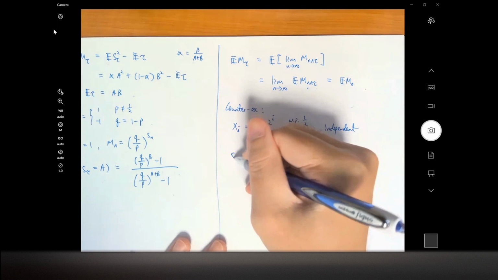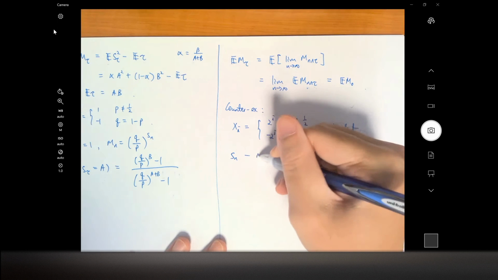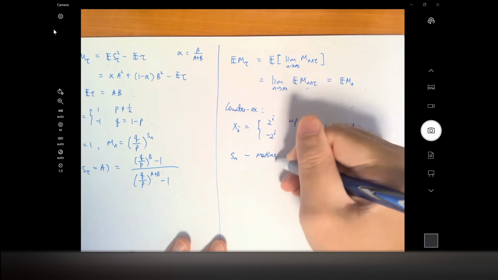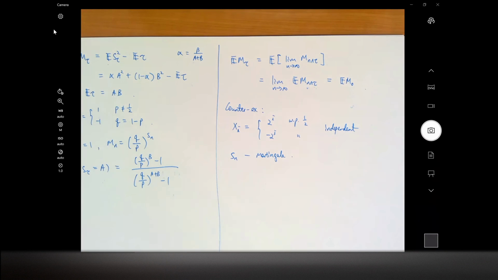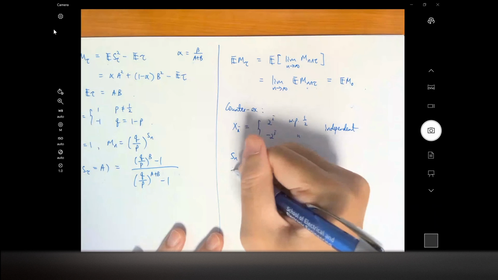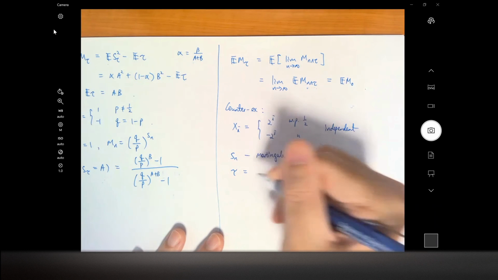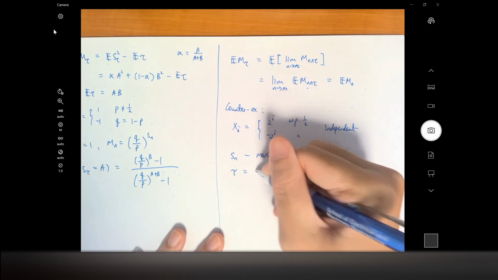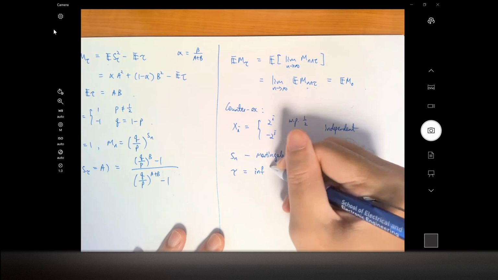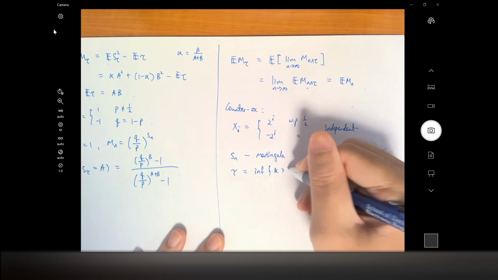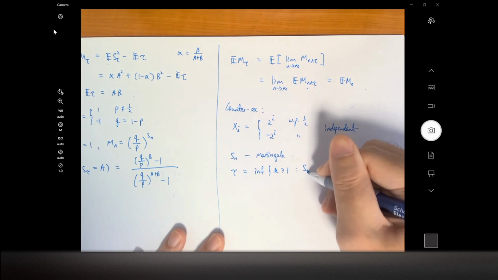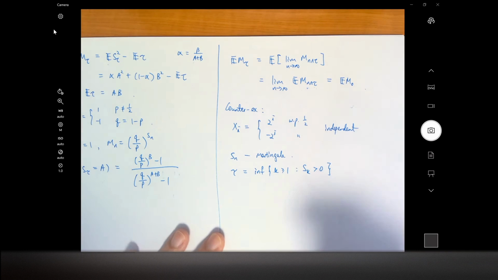But of course, this is still a martingale, as we saw before. You just need independence, you don't need the IID. Okay. So this is a martingale, and we can define a stopping time. Let's say tau equals the first time whereby my Sk is bigger than 0. Okay.